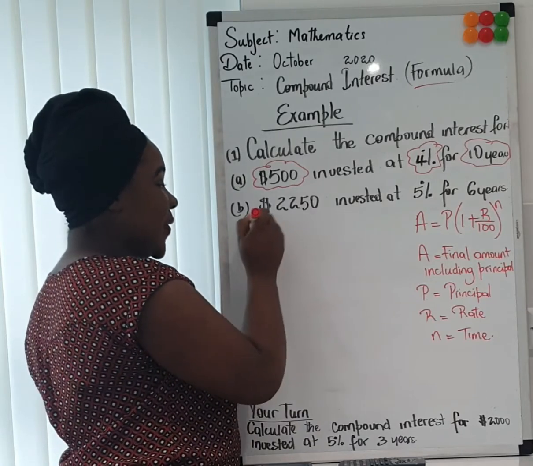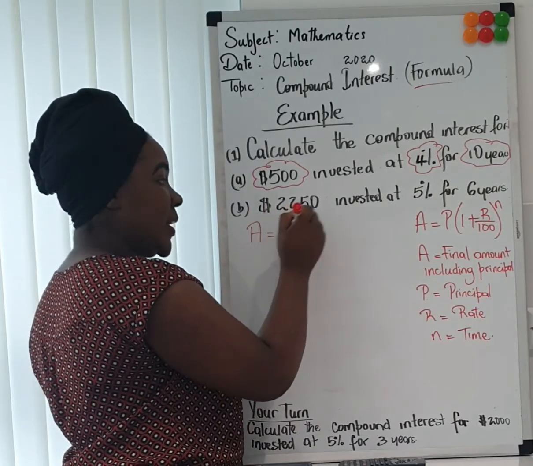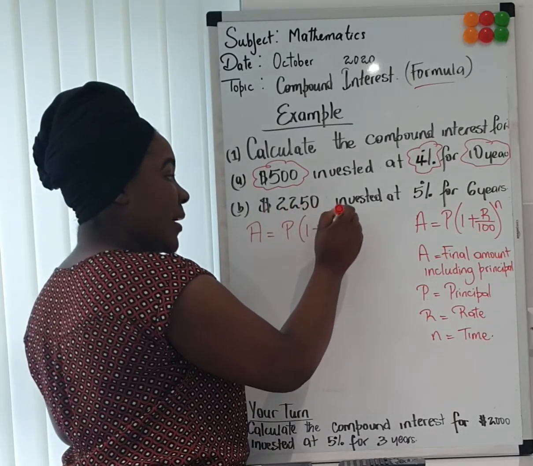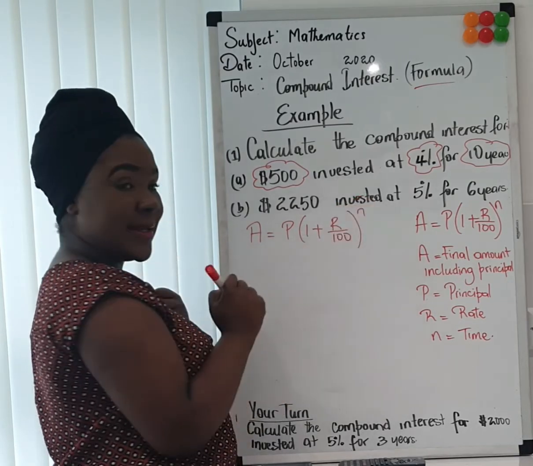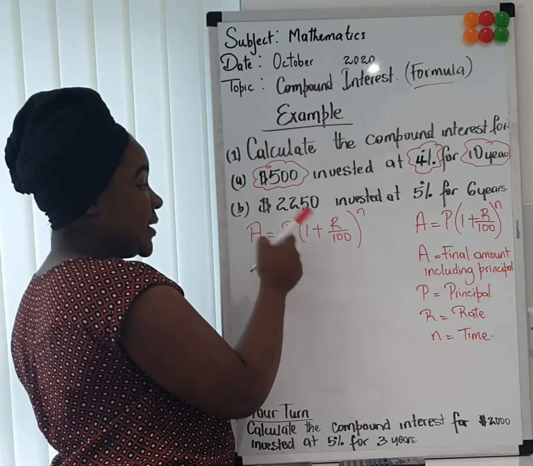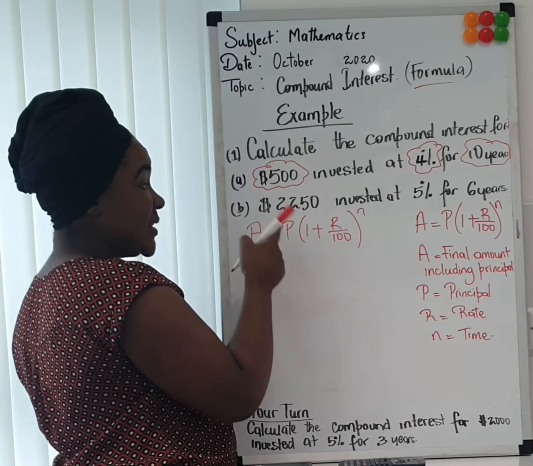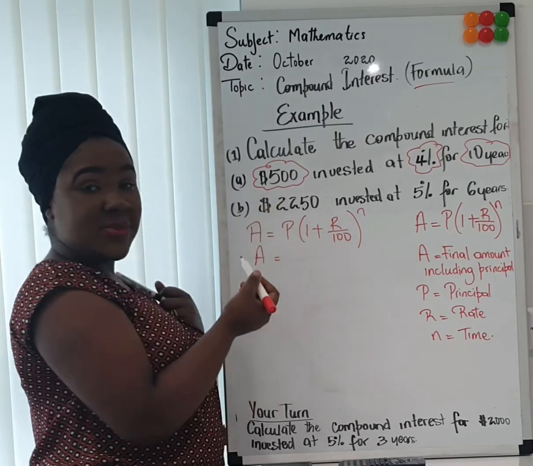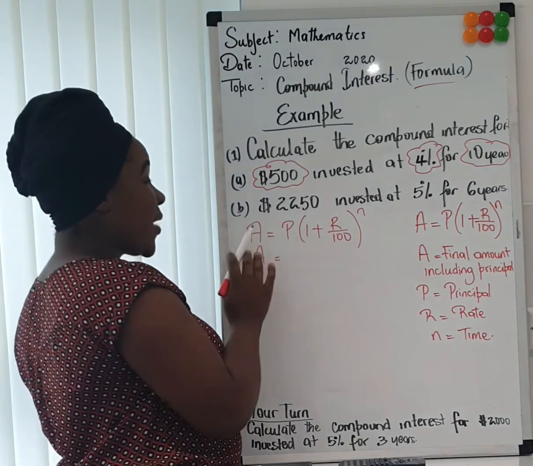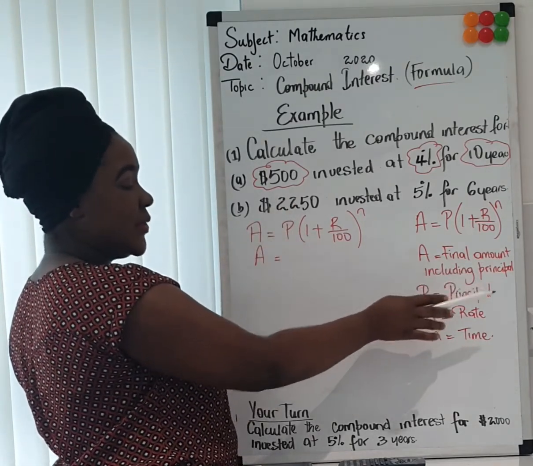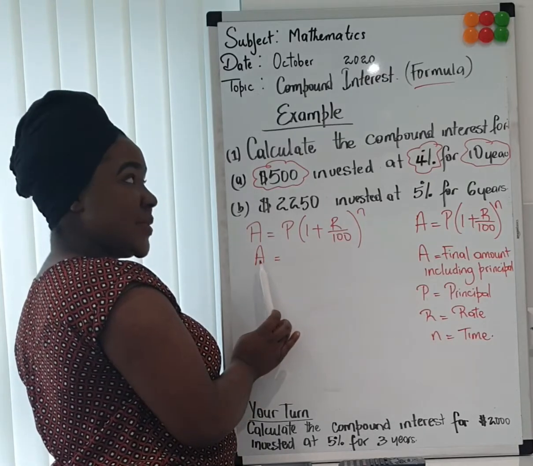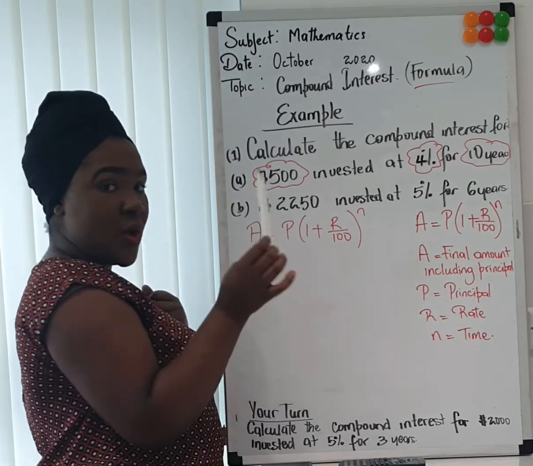So let's write our formula. A equals P open bracket 1 plus R over 100 raised to the n. A stays the same, and A here stands for appreciation. They say the final amount including the principal, but we also refer to it as appreciation, the value going up.